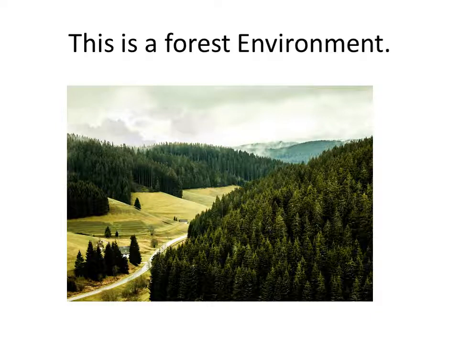This is a forest environment. What can we find in it? As you can see, it can have living and non-living things. Living things, they are like the trees, the grass. Also, we have some birds and animals that are hiding in the trees. We have insects. We have in the soil, we have other earthworms, let's say.